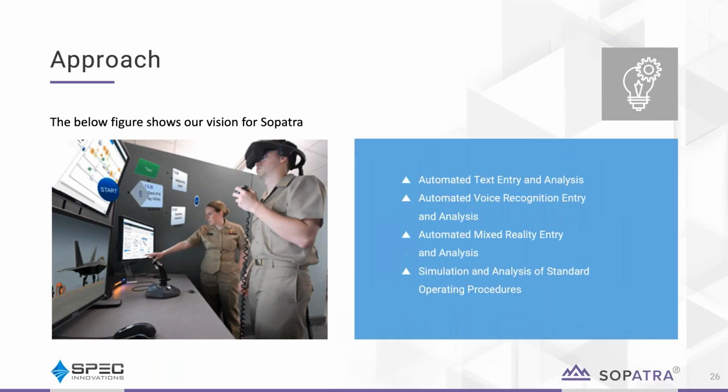And of course, part of our approach here, we're looking at a whole variety of different ways of automating the text input, to see if we can bring in voice recognition and mixed reality. So we've done some investigating in those two areas. Didn't get a lot of progress done in phase 1 here. We're hoping to do more in phase 2. And then, of course, be able to simulate and analyze the standard operating procedures. I think we've made quite a bit of headway in that one.